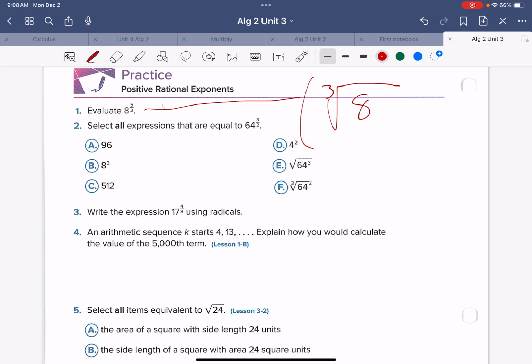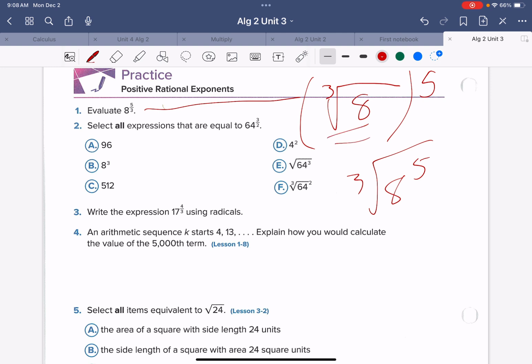And then you can raise it to the 5th power. So that's the switch that we talked about in the very beginning. Because it's much easier, right, to take the cube root of 8 and then raise it to the 5th power, instead of doing 8 to the 5th power and then taking the cube root. 8 to the 5th power escapes me, but the cube root of 8 can be done first.